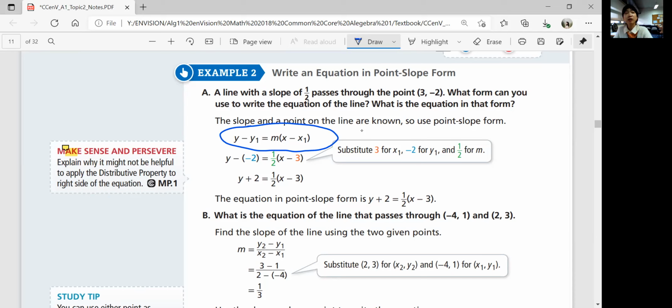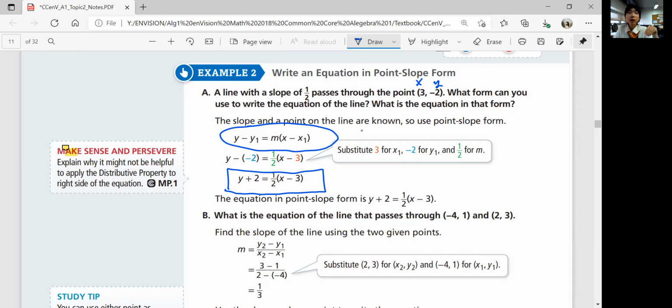You're going to substitute the x value and the y value from the point, and you're going to substitute 1/2 for m, which is your slope. And that's it. That is your equation. y plus 2 is equal to 1/2 times x minus 3. Don't forget the parentheses. Okay, that is going to be your equation in point slope form.